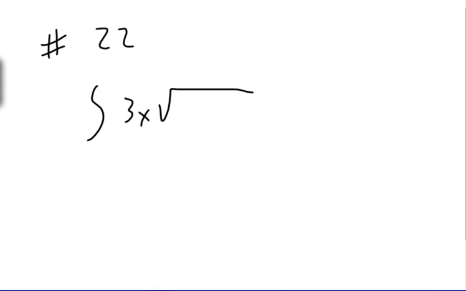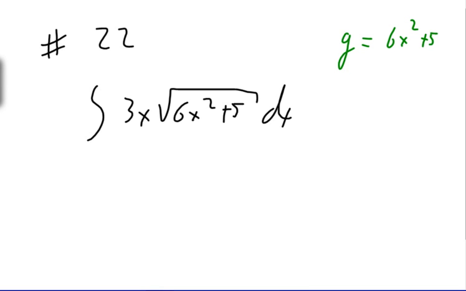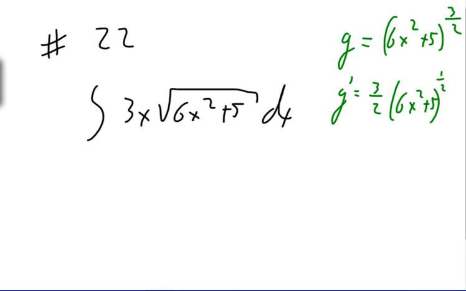Integral 3x square root of 6x squared plus 5 dx. I'm going to guess I'm going to be in the form (6x squared plus 5) to the 3 halves. y prime is going to be 3 halves (6x squared plus 5) to the 1/2 times 12x.